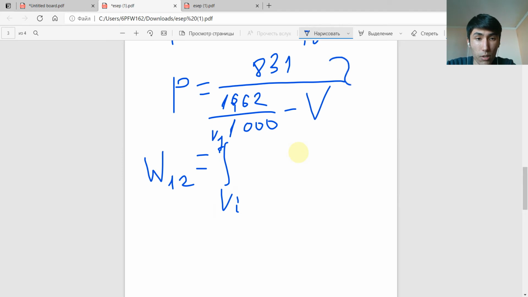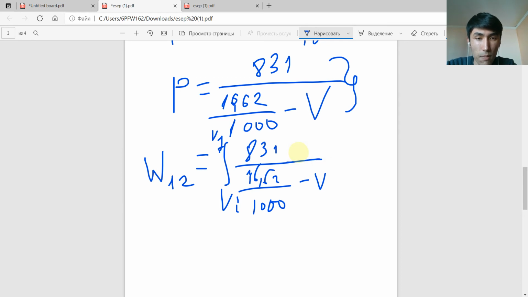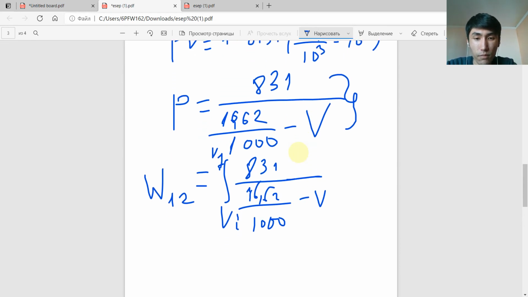Here will be the integral from V initial to V final of P dV. Instead of pressure, we put this equation. So here will be 1000 minus V, right? Minus V, and dV, right?